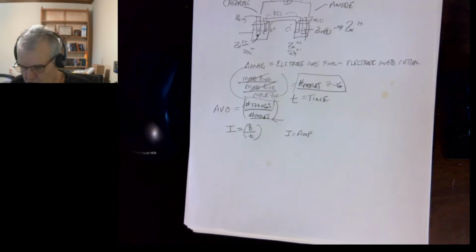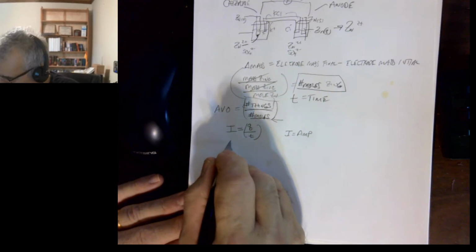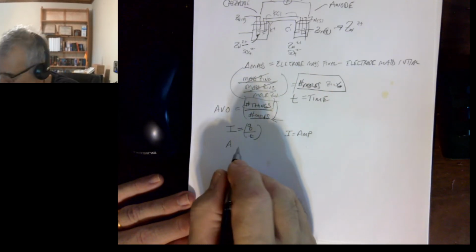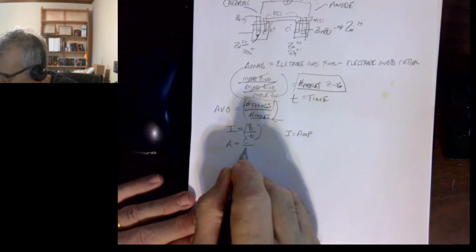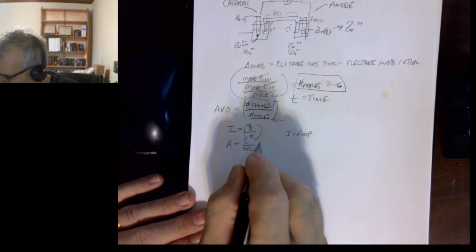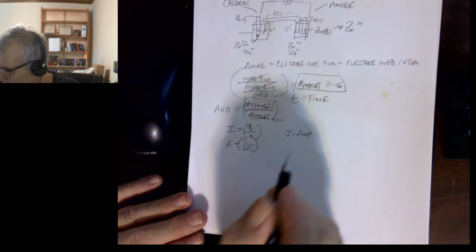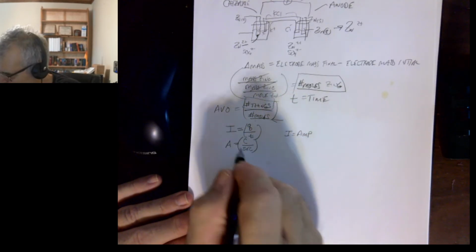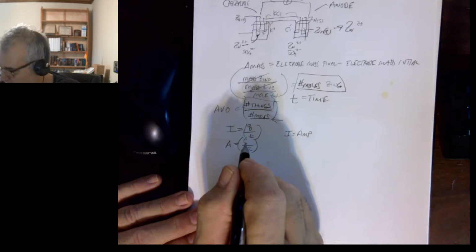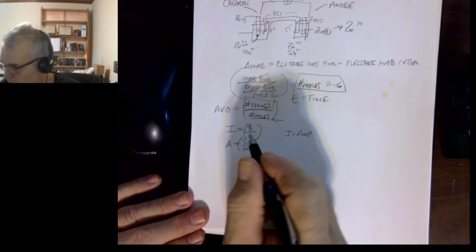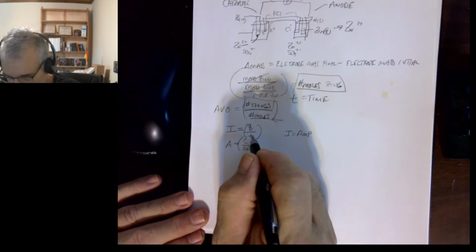The definition of an amp, capital A, is the number of coulombs that flow past a point per second. That's a measure of current, defined as charge per unit time, coulombs per second.